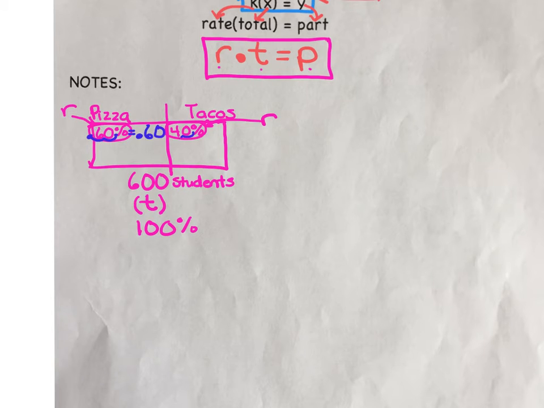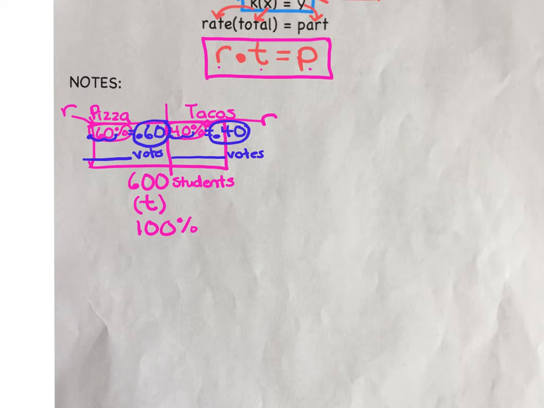But let's convert that to its decimal equivalent, which is 0.40. We will use the decimal rates in the formula as we calculate the number of votes for pizza and the number of votes for tacos.